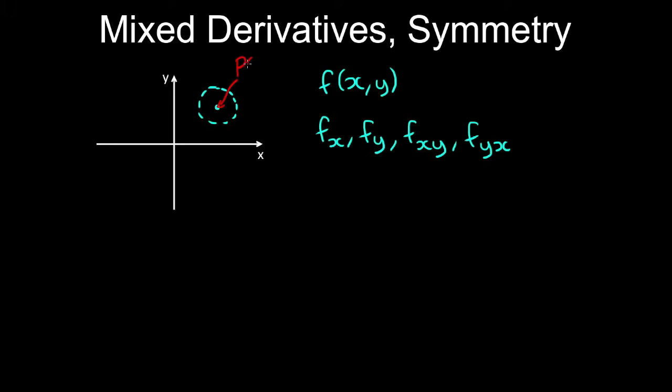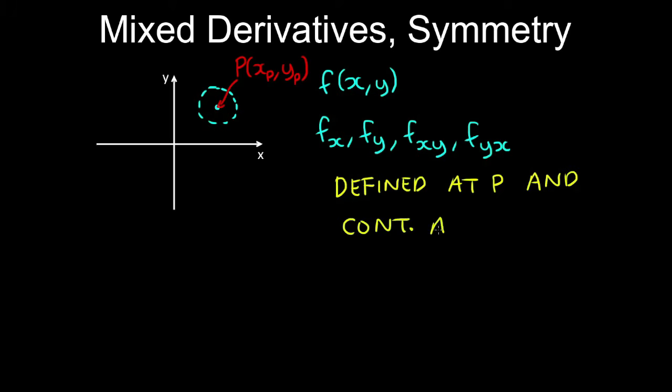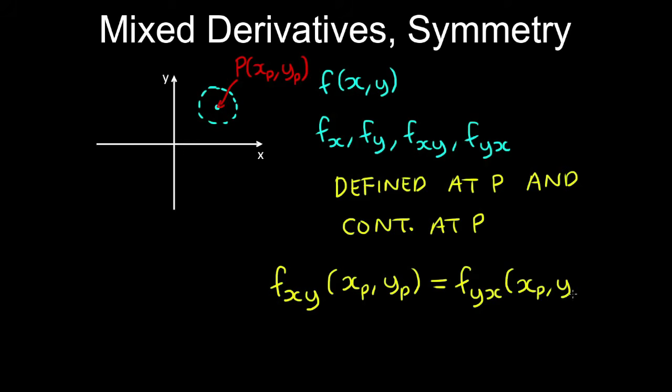So P has coordinates x and y, so these are defined at P. And if they're also continuous at P, then taking the partial derivative with respect to x first and then y at the point with coordinates xp and yp is the same as taking the partial derivative with respect to y and then x at the same point. So this is called Clairaut's theorem.